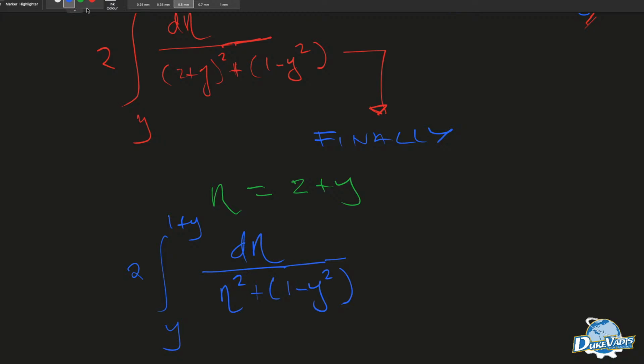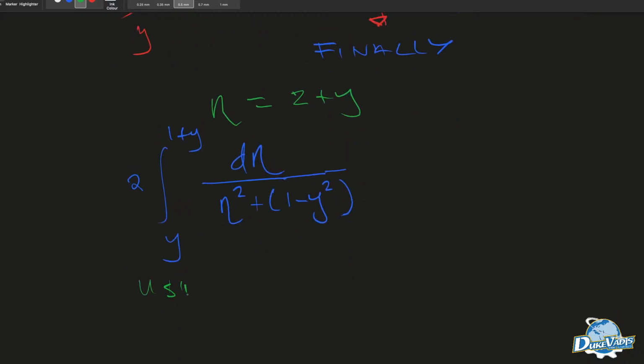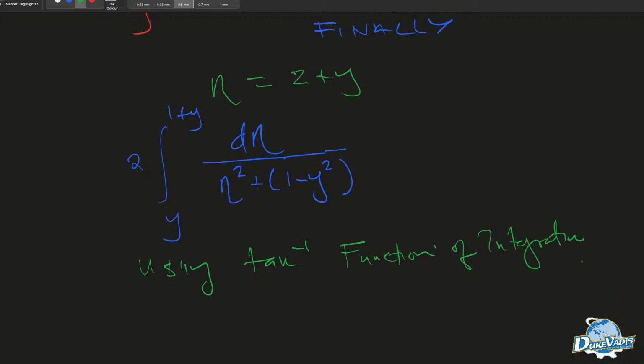Using the tan inverse function of integration, I can't remember, when we have the integral of 1 over x squared plus a squared, we can say that it is 1 over square root of a, tan inverse of x all over square root of a.